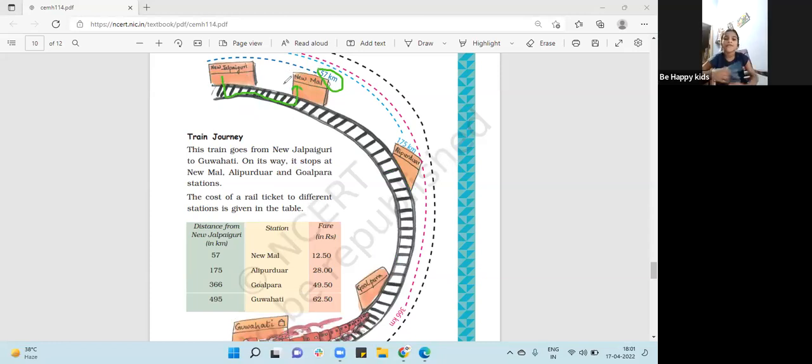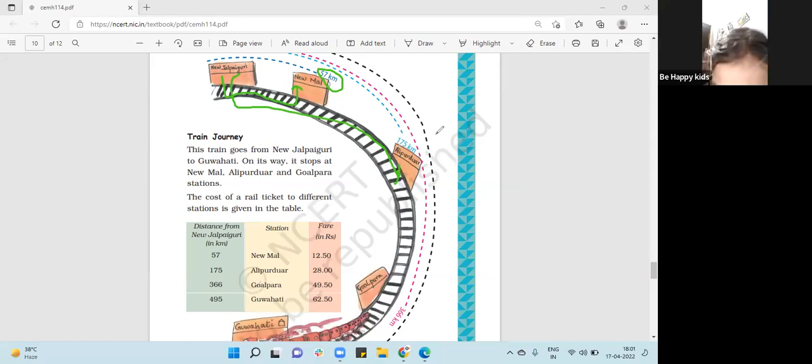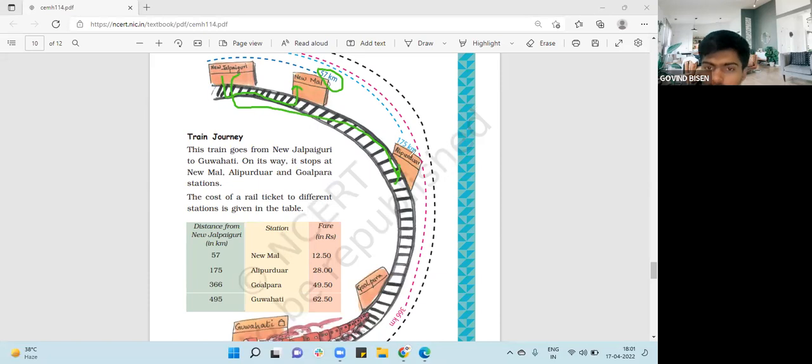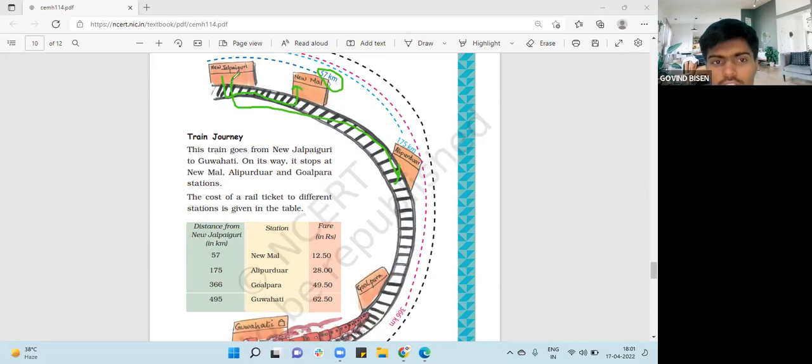And between New Jalpaiguri to Alipurduar, the distance is 175 kilometers, right?